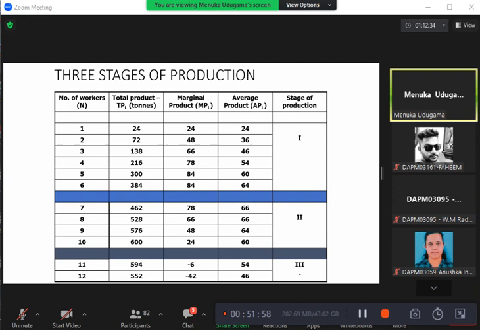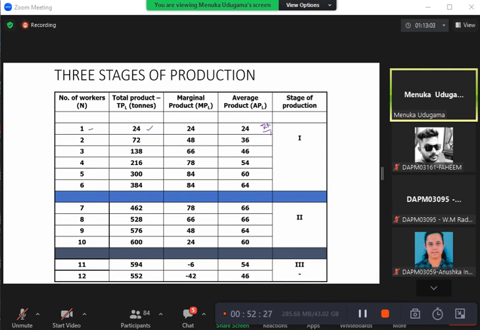Right, so let's just have a look at the first row. Recording in progress. Right, so we wanted to calculate the average product and the marginal product. The average product is actually the total product divided by 1. So what we've done here is 24 is the total product. This we divided by the number of workers.